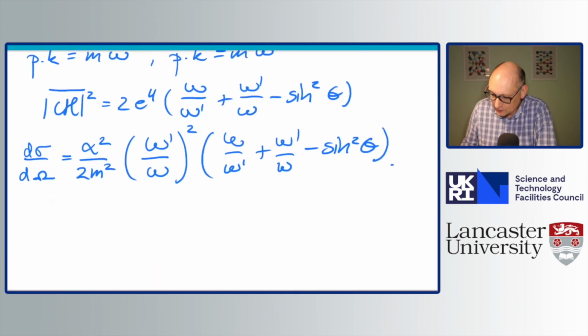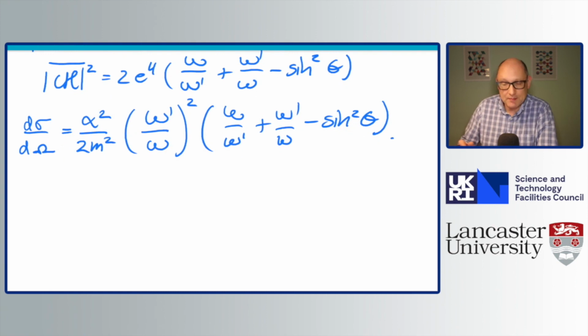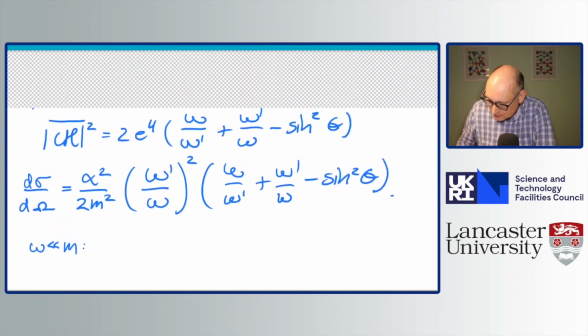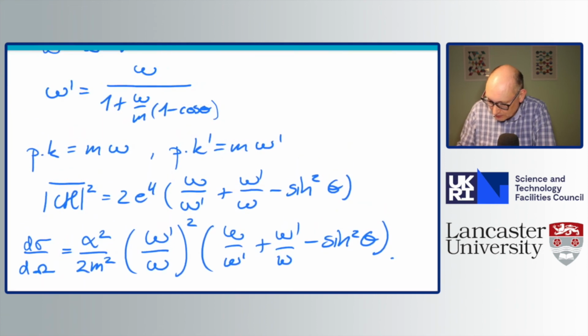Now, of course, one can check specific limits of this result. For example, the low energy limit, where the energy of the incident photon is much less than the electron mass. Then by the result that we have up here, if omega is much less than m, then omega prime is equal to omega.